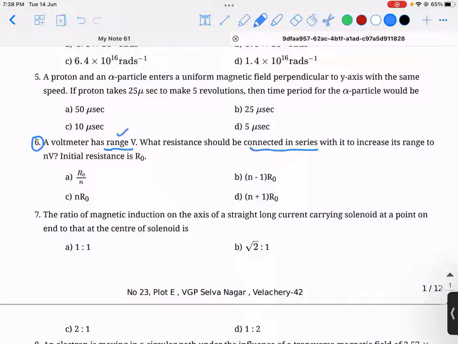So voltmeter has a range capital V. What resistance should be connected in series with it to increase the range to NV?